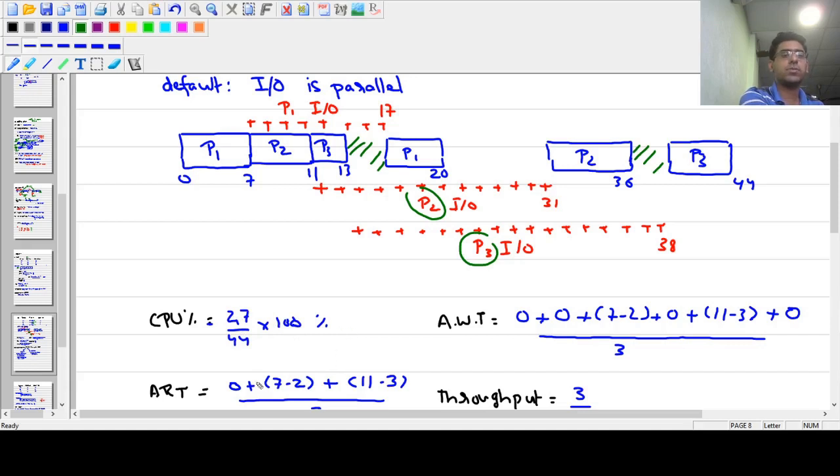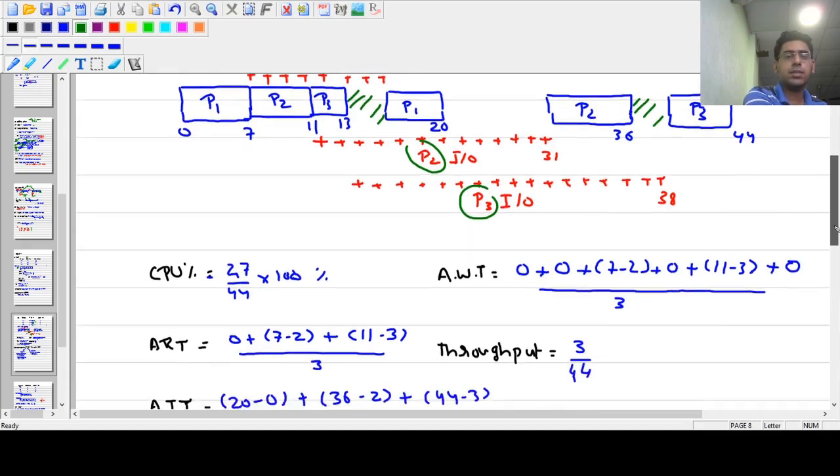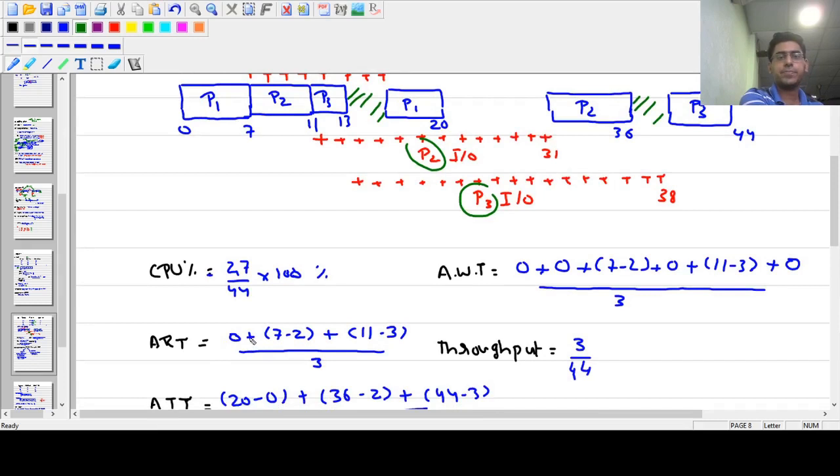If we compute the average response time, how much is it? For process P1, it is the first time for which a process has to wait in the ready queue. Process P1 has to wait in the ready queue for how much time? For the first time, 0, because its arrival time was 0, and as soon as it came, it got the CPU.